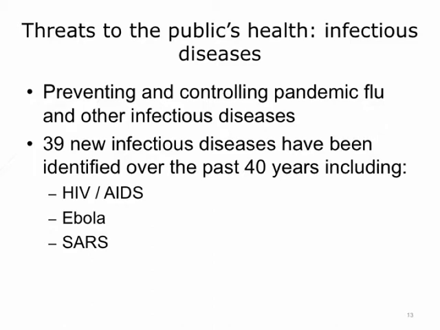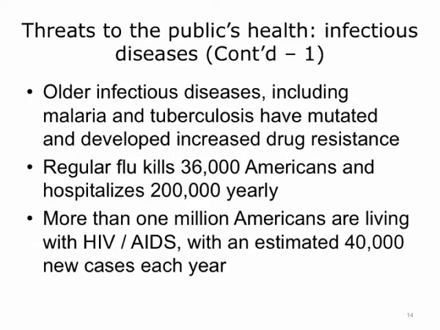Combating infectious disease continues to be a major public health problem. Today, preventing and controlling the pandemic flu and other infectious diseases are a priority. There are 39 new infectious diseases that have been identified over the past 40 years, including HIV/AIDS, Ebola, and SARS. The threat to public health by way of infectious disease continues to be a major public health concern.